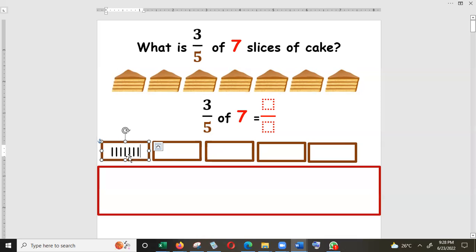That's 1 group of 7. That's 2 groups of 7. And that's 3 groups of 7. 3 groups of 7 is basically 21. That's 7 and 7, 14 and 7, 21.